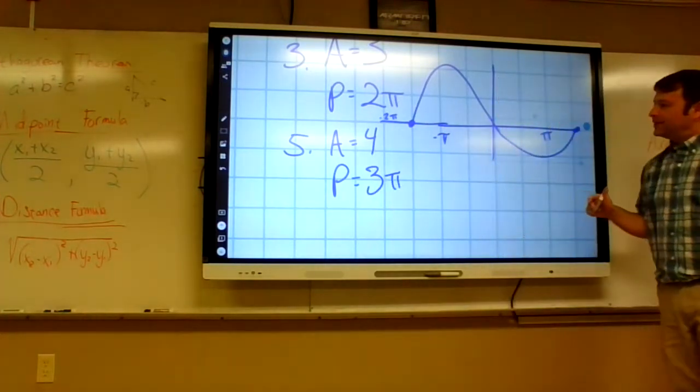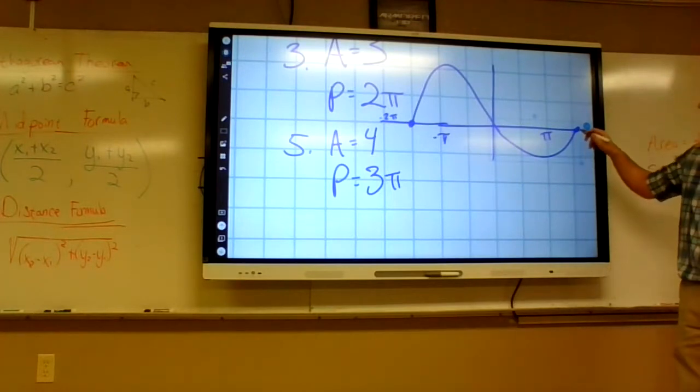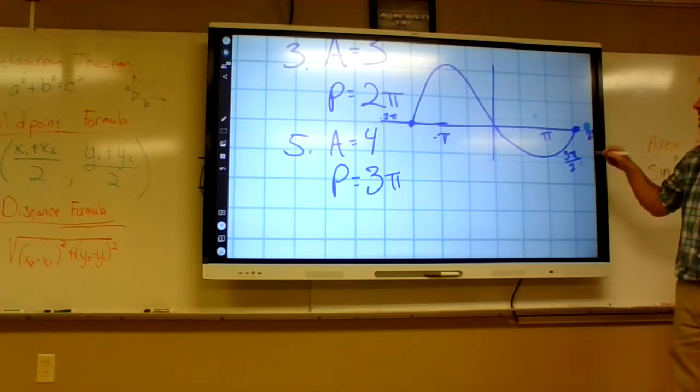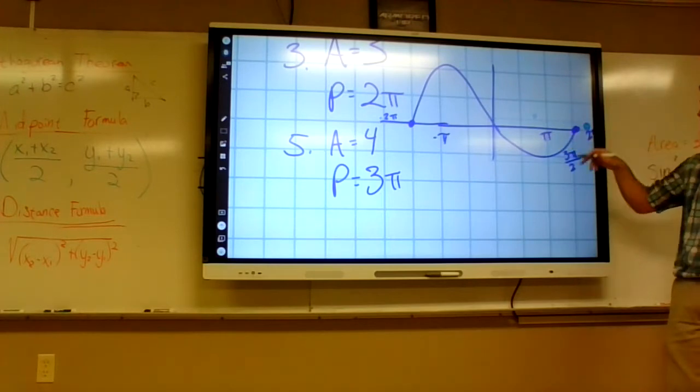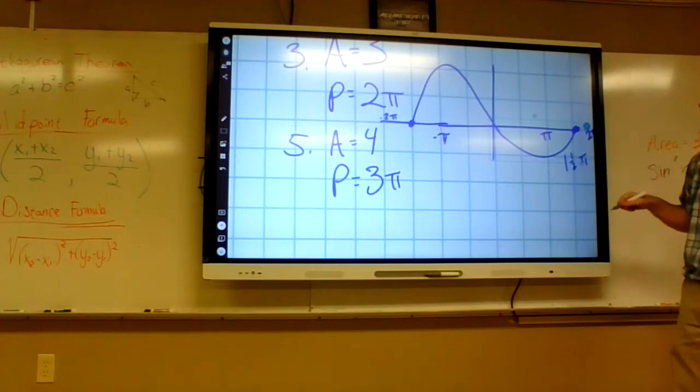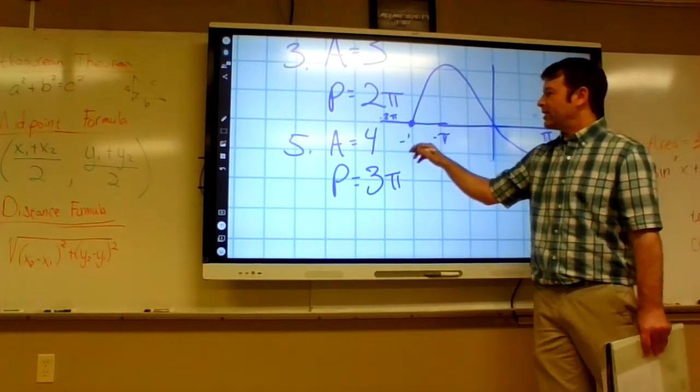Another way we could have done it is, if this is 2 pi over here, this is like 1.5 pi. What's between pi and 2 pi? 1.5 pi, you could say. There, over like that. And this is negative 1.5 pi.